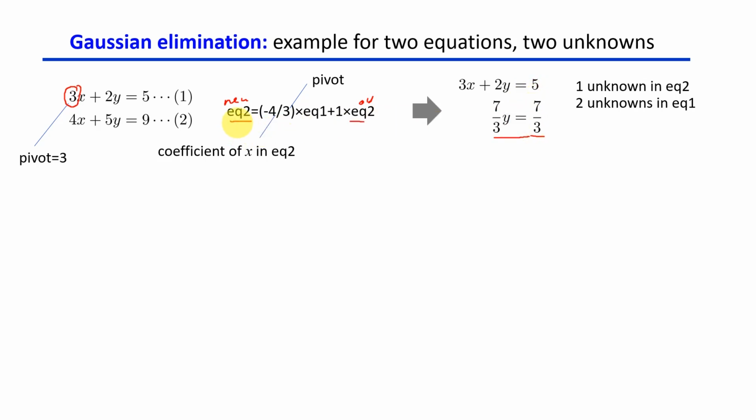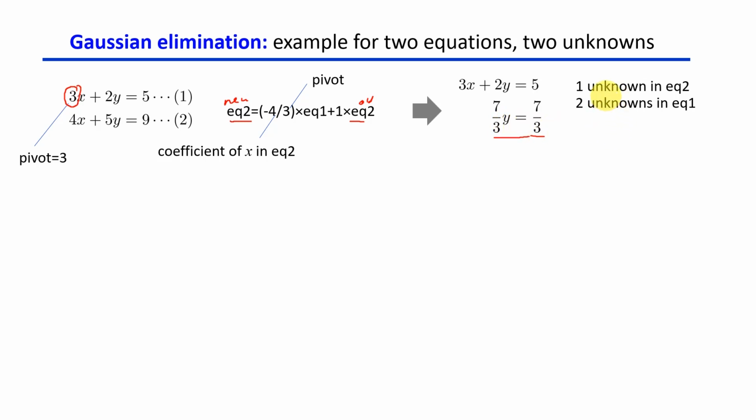So please verify the operation we are doing here. We are not doing anything in equation 1. Equation 1 is multiplied by minus 4 by 3. That does not mean equation 1 is changing. This multiplied equation 1 is added to the old equation 2 to give me the new equation 2. So my new equation 2 is 7 by 3 y equals 7 by 3.